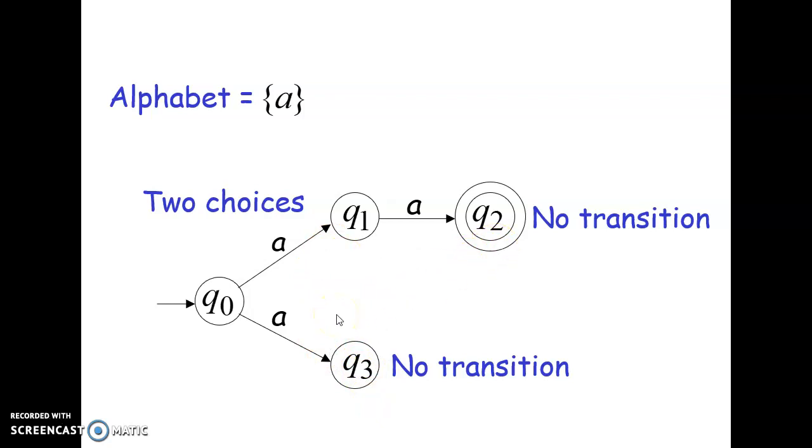That implies कि कोई भी computation on the input string, if that leads to a final state, then the string will be accepted. अगर multiple paths हैं, उन सारे paths को explore करके eventually अगर आपकी string final state पे पहुंच जाती है, तो आपकी वो string accept हो जाती है.